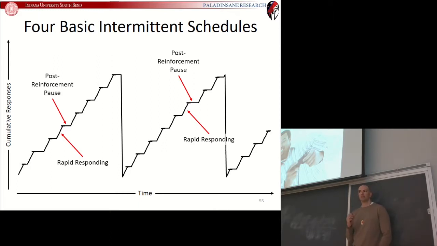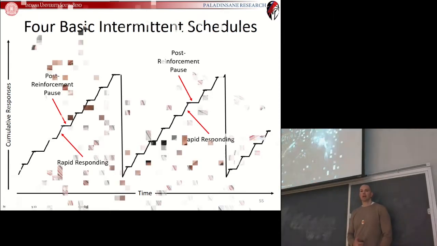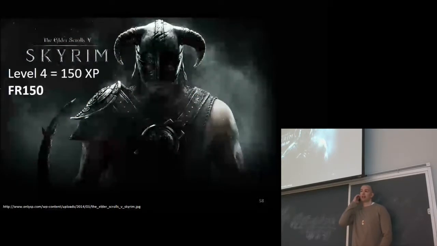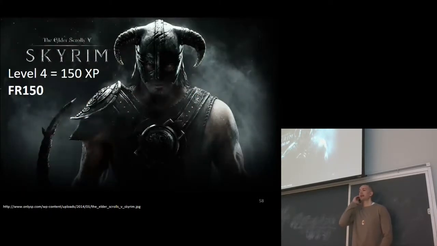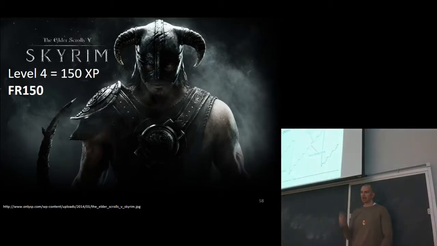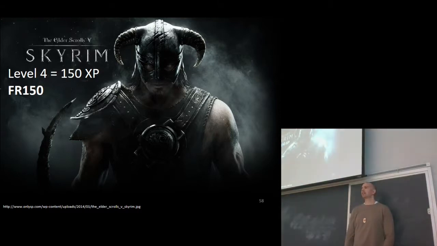And this is exactly what we see in typical gamer behavior. Gamers are on a fixed ratio schedule of reinforcement in many of the games that they play. Remember in Skyrim, they know how many points they need in order to get that next achievement. That is, they know how many responses they need in order to get that next reinforcement.